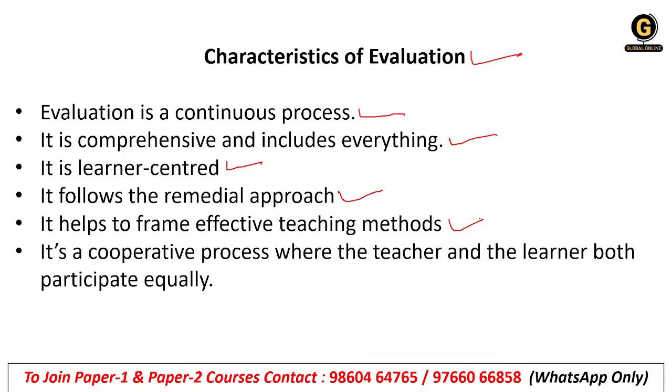Getting it? So it helps the teacher to choose the teaching method, how to strategize the lectures and sessions according to the learner's perspective. So that is why it helps to frame effective teaching method. Getting it?